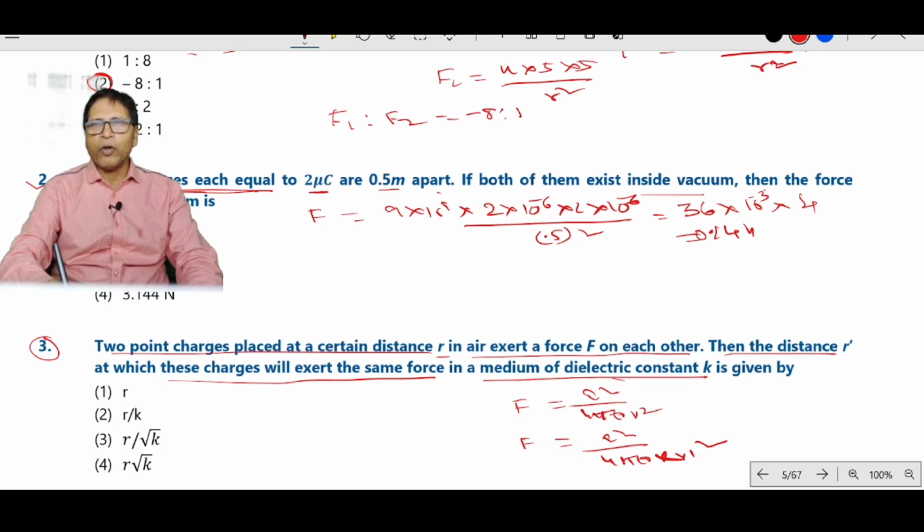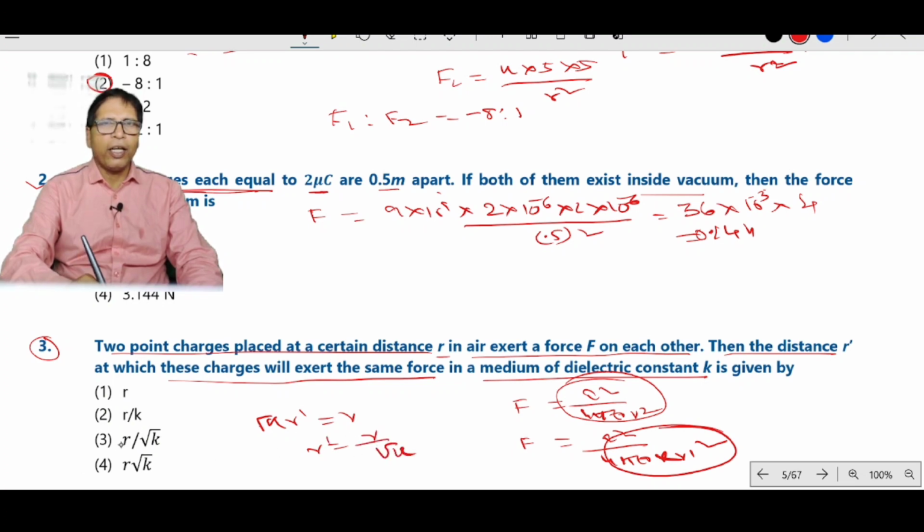Comparing this equation and that equation, we get root K into r dash equals r. So r dash equals r by root over K. Option 3 is correct.